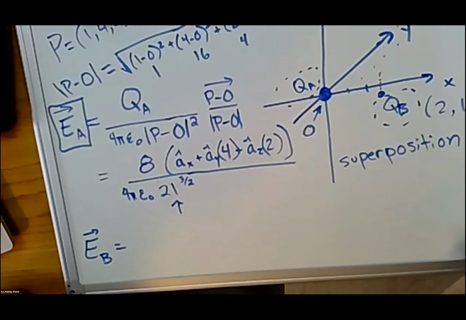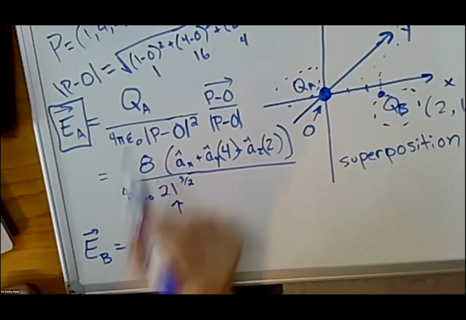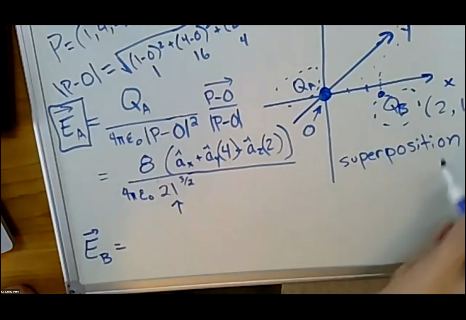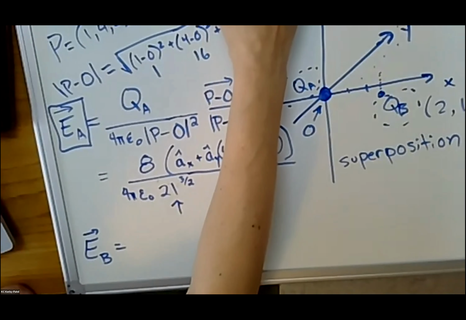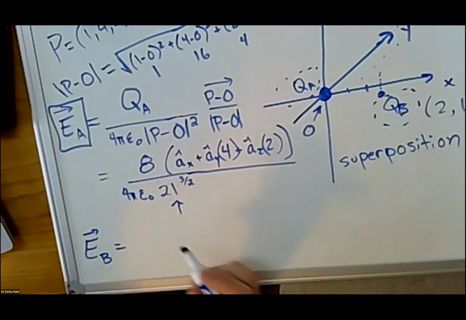So, and then for charge B, what do we got? We are going to have P minus location B, which is going to be point B. So P minus B at the top. You can't see where I wrote that.